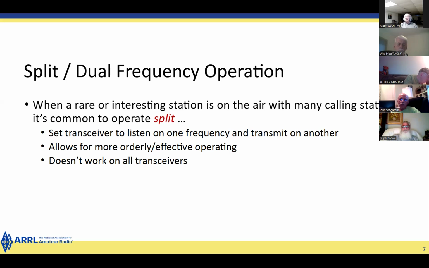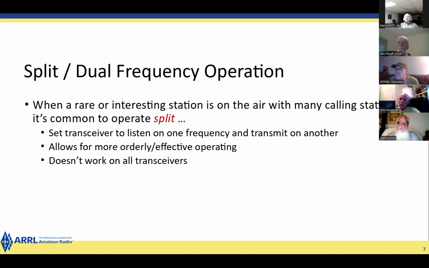If he says I'm listening up 2, that means he's up 2 kilohertz. If he says I'm listening up 5, he's up 5 kilohertz. If he doesn't say where he's listening, you're going to have to figure out where he's listening, and he's going to move.